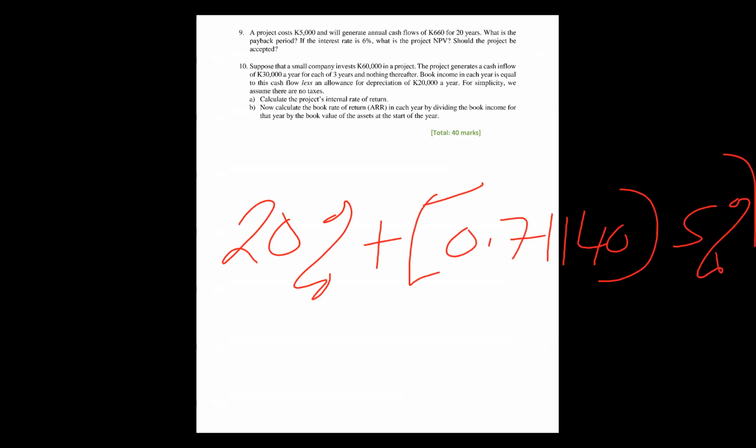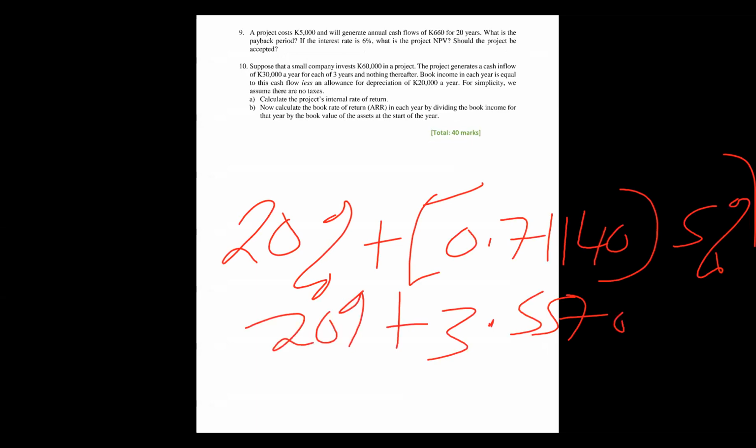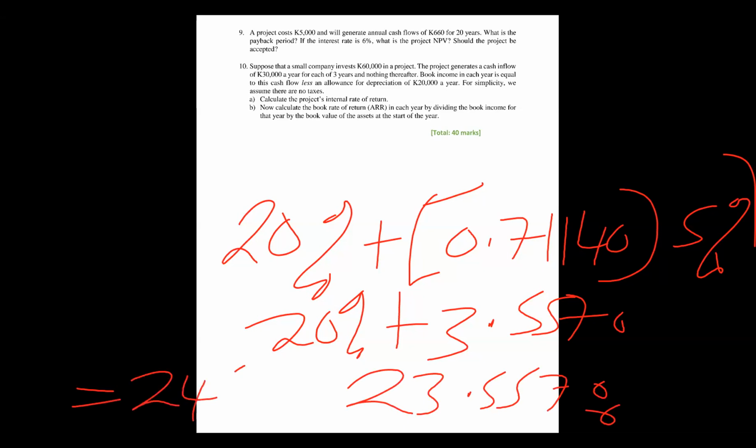So that times 5 gives us 3.5570, plus 20%, so that you can have 23.557 something, and you can round this off to 24%. Is that clear? As your IRR.